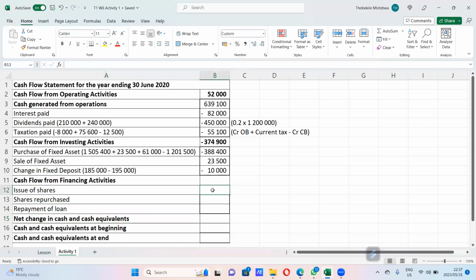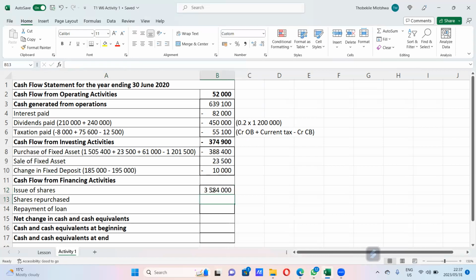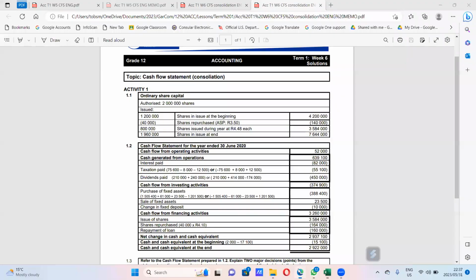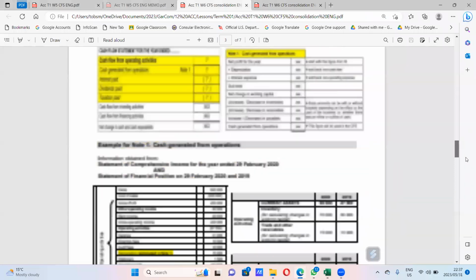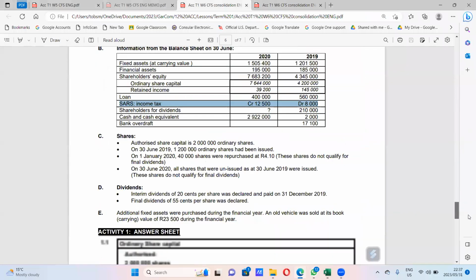Sometimes you have to work it out from the exercise, but the information will be there for you to work out.